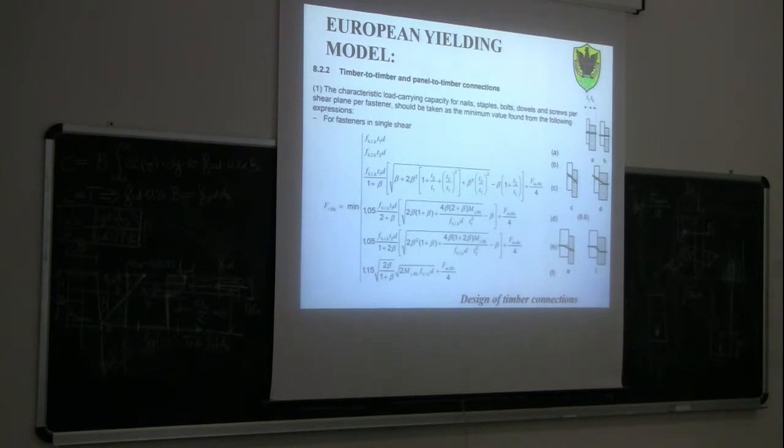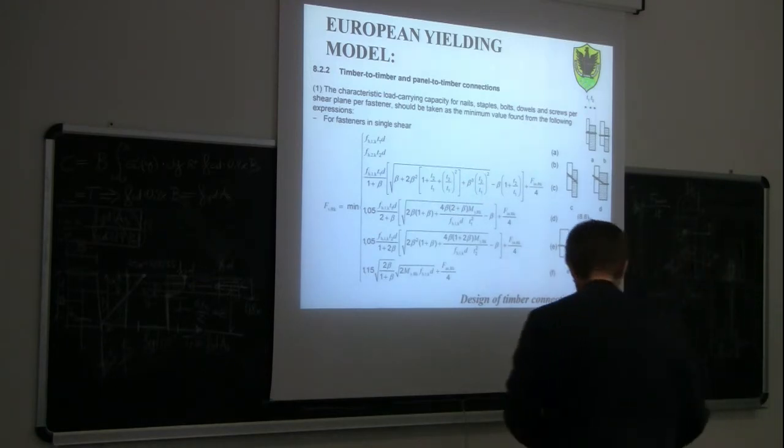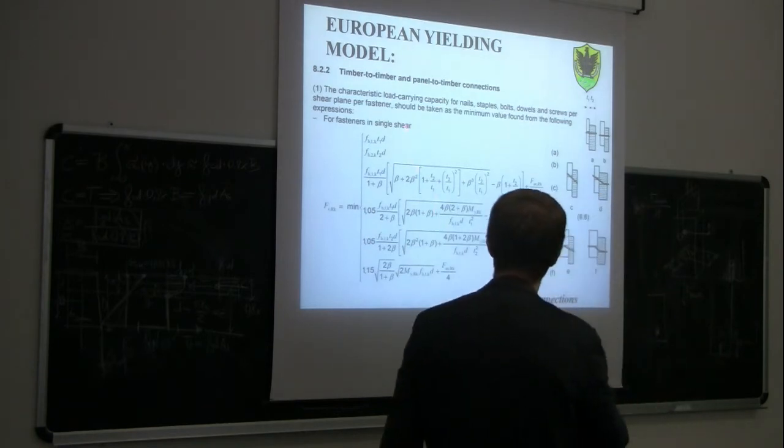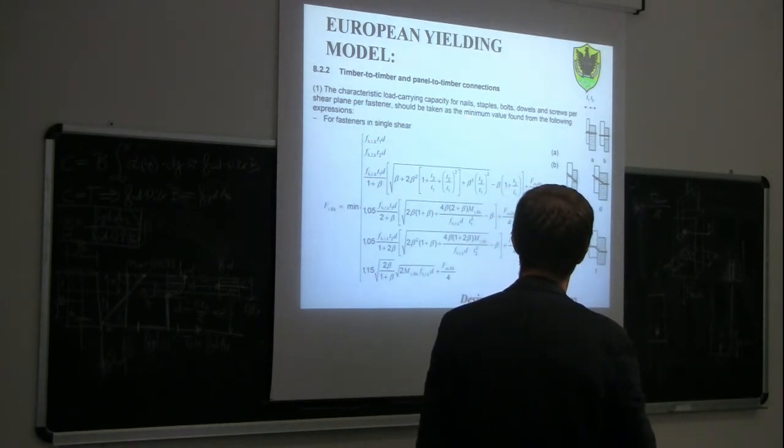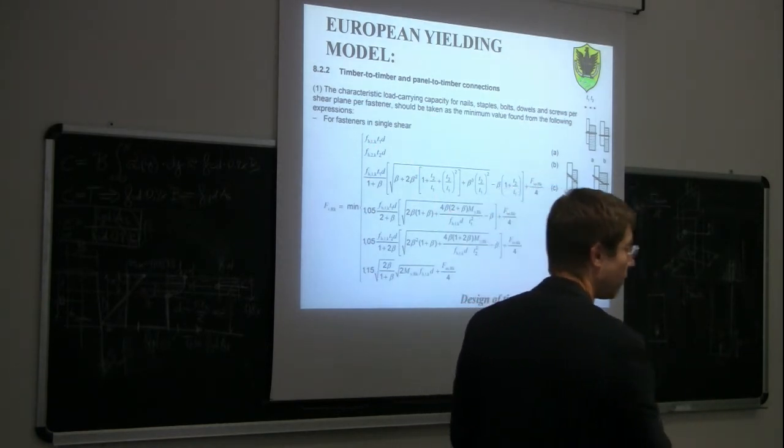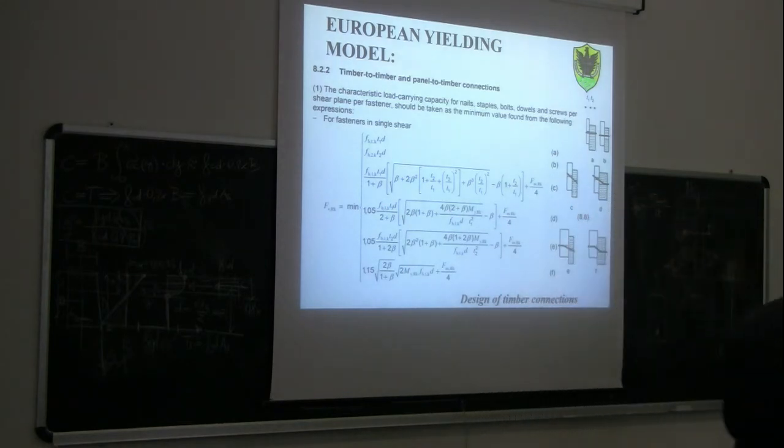So as you can see, we calculate 6 values of load-carrying capacity, associated each to one of those failure mechanisms, and then for us the load-carrying capacity would be the minimum value, the lowest one.